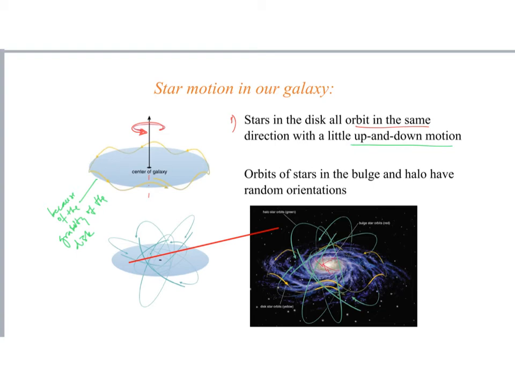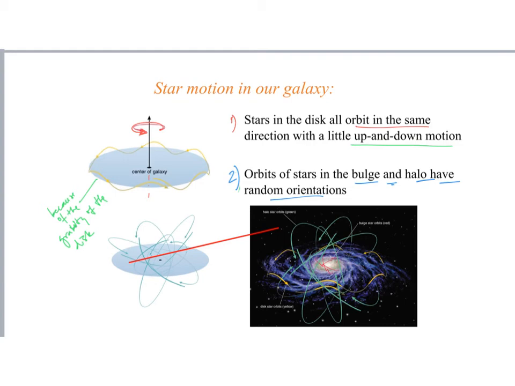And then there are orbits of stars in the bulge. So, two, we have orbits of stars in the bulge and the halo that have random orientations, so they go really far above and below the disk.